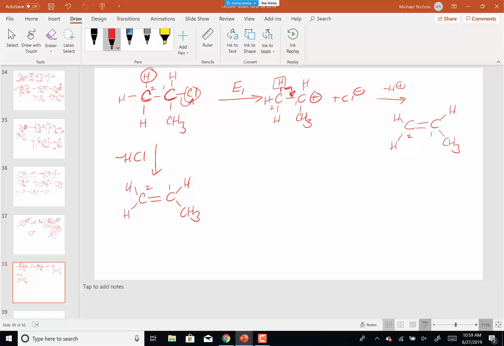Whenever you have SN1, or SN1 and E1, you're going to have those together. Because if you think about the first step, if I can form a carbocation, my leaving group leaves and I form a carbocation, now it's a question of timing. Does the nucleophile get to the carbocation before I lose the hydrogen?